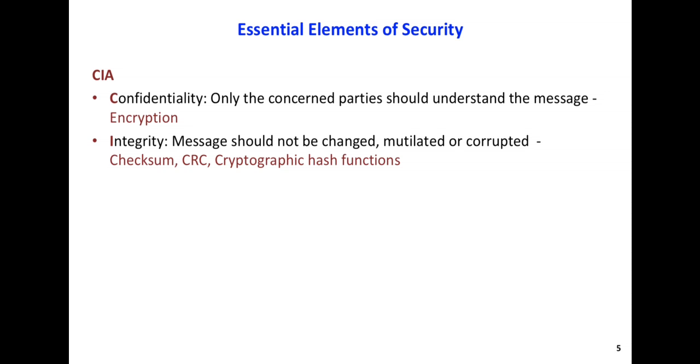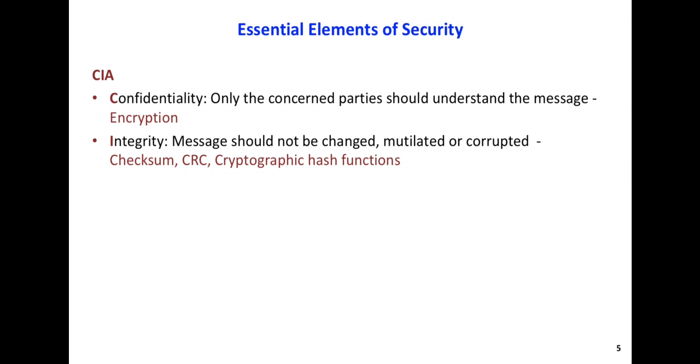Integrity: the message should not be changed, mutilated, or corrupted. So think in terms of, if you go away from the Alice and Bob example, think in terms of the patients who are on medical devices, communicating with the servers, or the doctors modifying the settings of their devices. So they have a pacemaker or they have a respirator, and there are certain settings that are required for that patient.